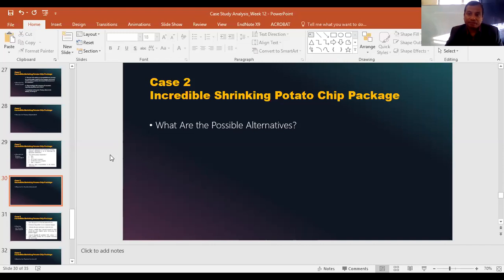So the case itself is an approach into looking into price increases and how to justify the price increases.